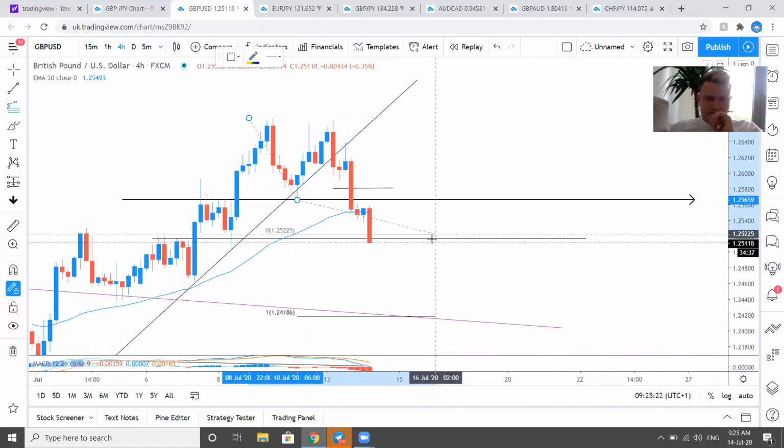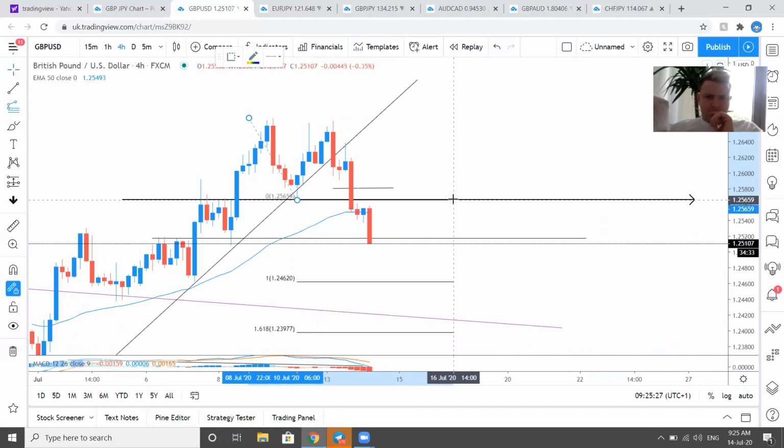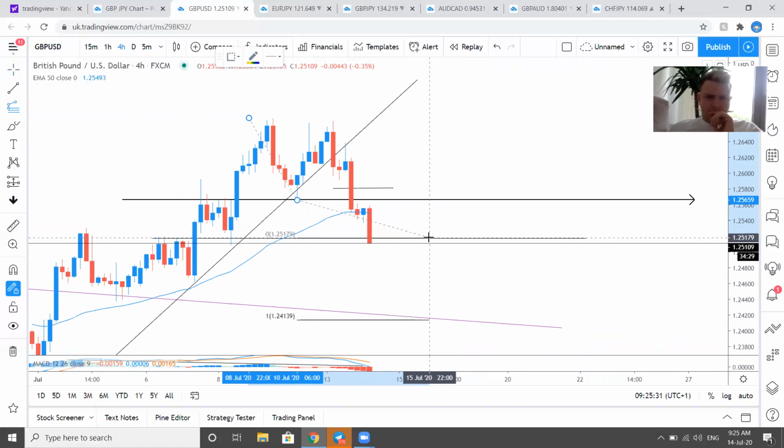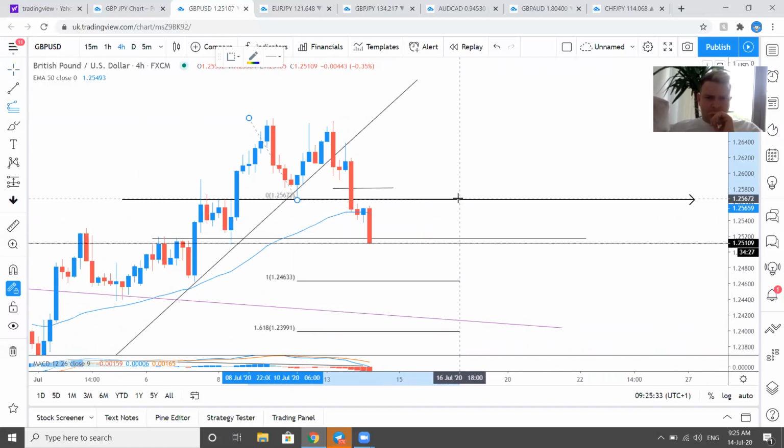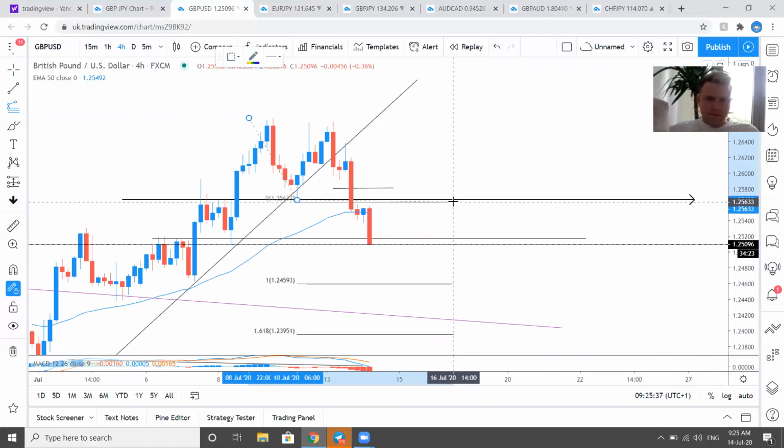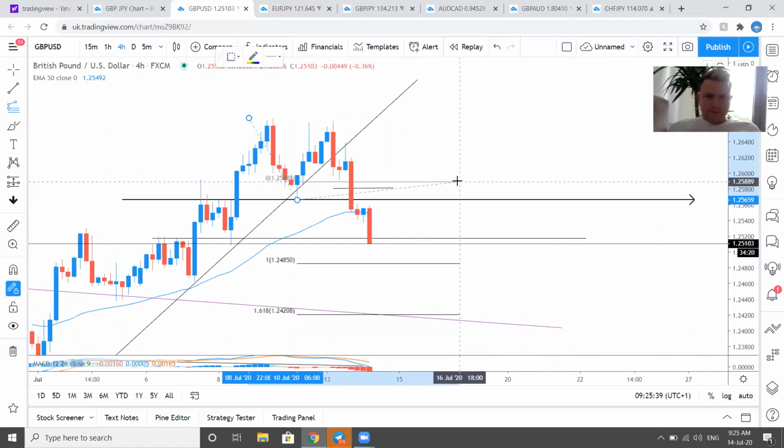If we retrace to here and then go down, I will still bring my fib to here. So if it doesn't retrace fully, I still bring my fib up as if we have retraced fully. If we see a stronger retrace, so let's say we retrace up here, I will bring my fib up with it, because we always want to be conservative in finding our targets.